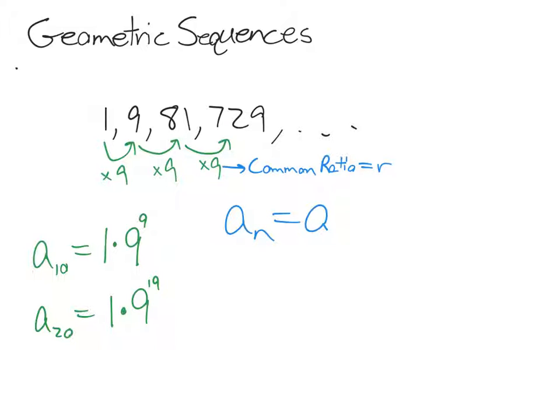So we have a sub n equals a sub 1 times the common ratio to the n minus 1 power. You can see that right here. A sub 1 is 1, the common ratio is 9, n is 10, so 10 minus 1 is where we got this 9 from.